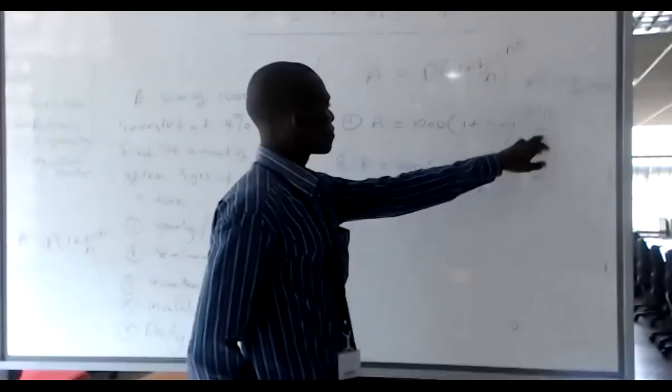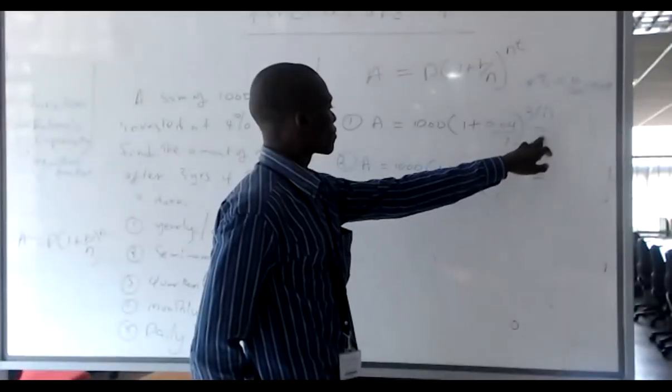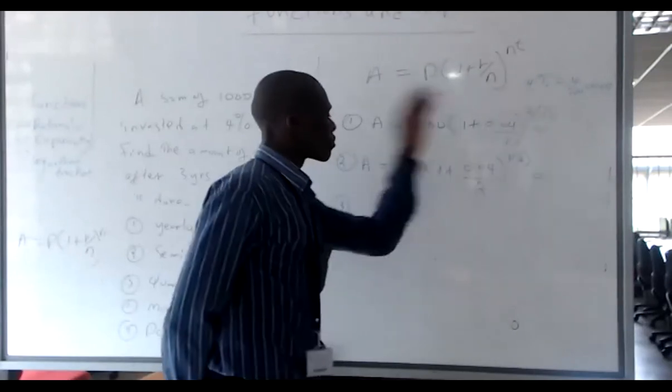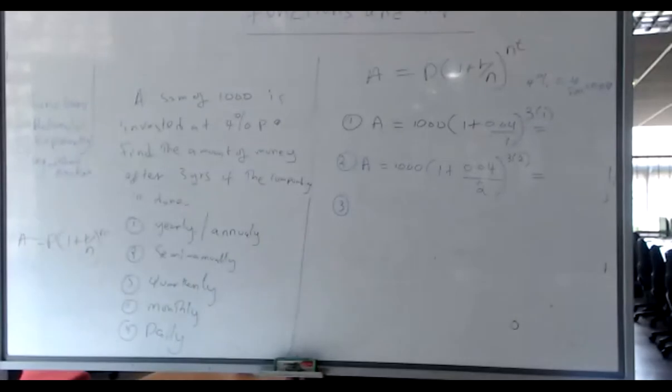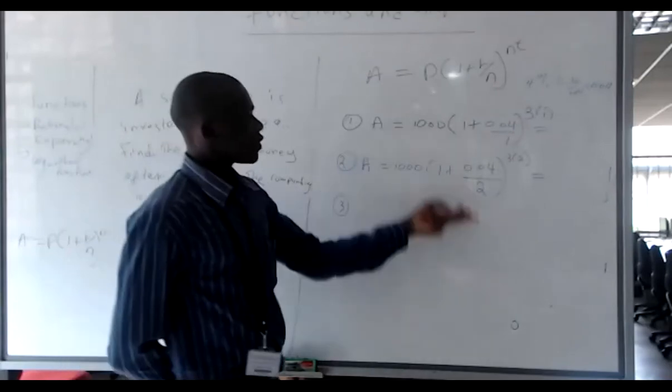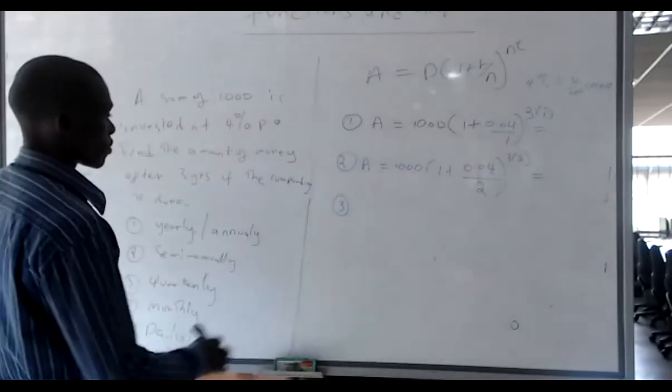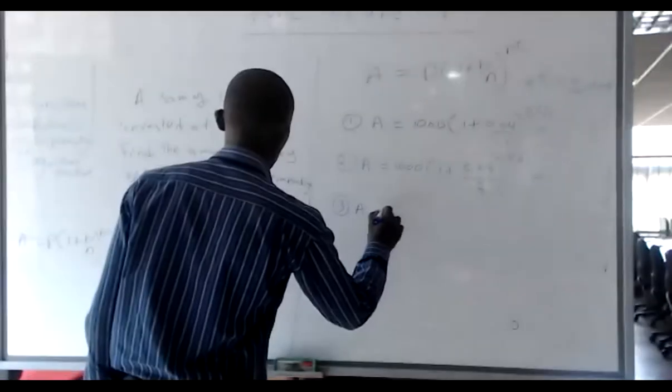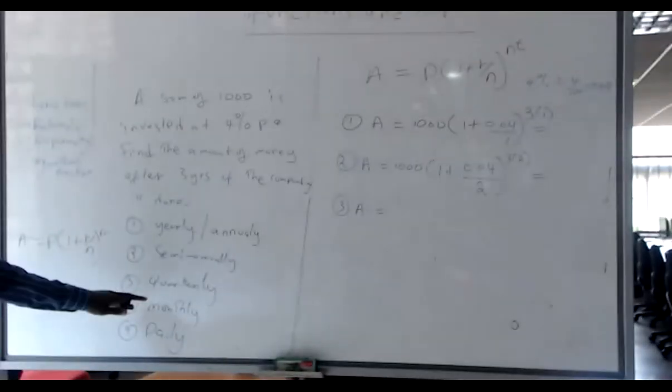What do we have here? What do you have for the first two? 3, we have now quarterly.